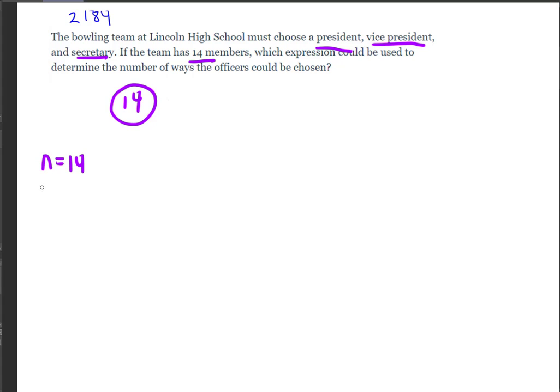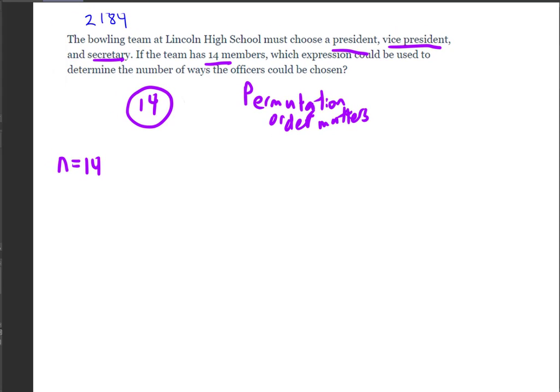It definitely matters. So what we need to realize is that this is going to be what we call a permutation. Because with a permutation, the order matters. That is so ugly handwriting, but you get it. So I'm going to take my n equals 14, and I'm choosing a total of 3 positions, all right? So my number of positions, or my r, is 3.